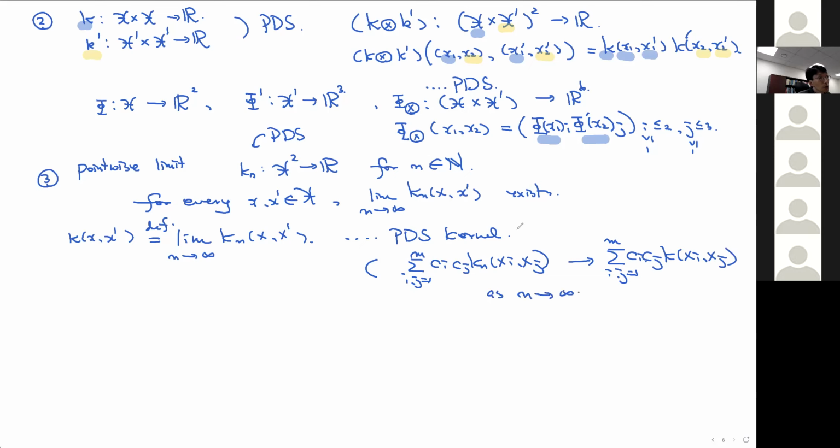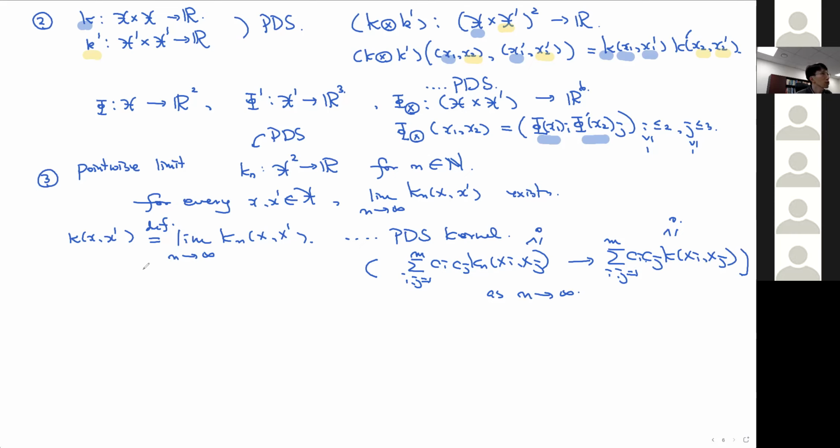But the left-hand side is always greater than or equal to 0 because of positive definiteness. So the right-hand side should also be greater than or equal to 0. If you have a sequence where every element is greater than or equal to 0, then its limit also has to be greater than or equal to 0. So that's why it satisfies this positive definiteness property.